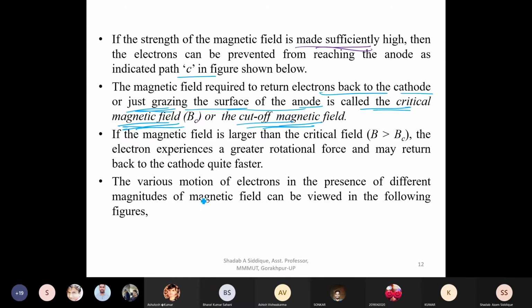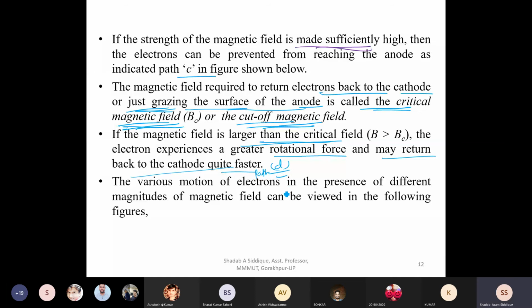Now, if the magnetic field is larger than the critical magnetic field, if B is greater than BC, it is a high magnetic field. So the electron experiences greater rotational force and may return back to the cathode quite faster. That is D, which is shown here, path D.